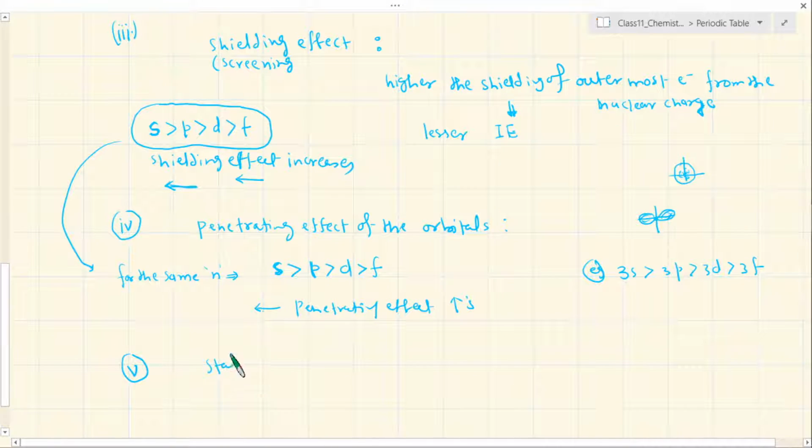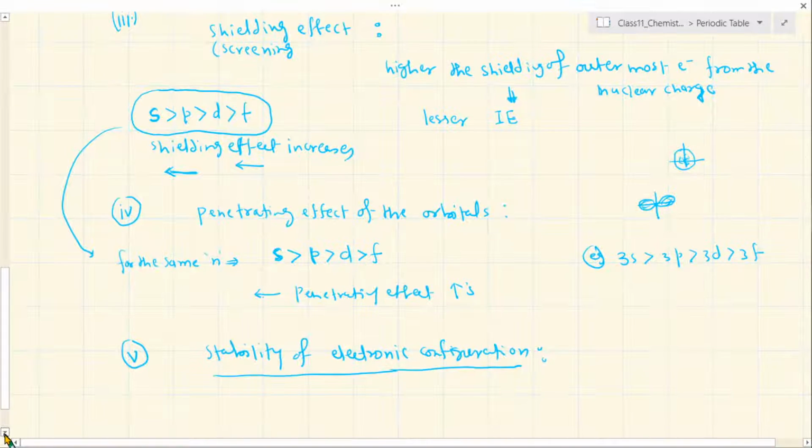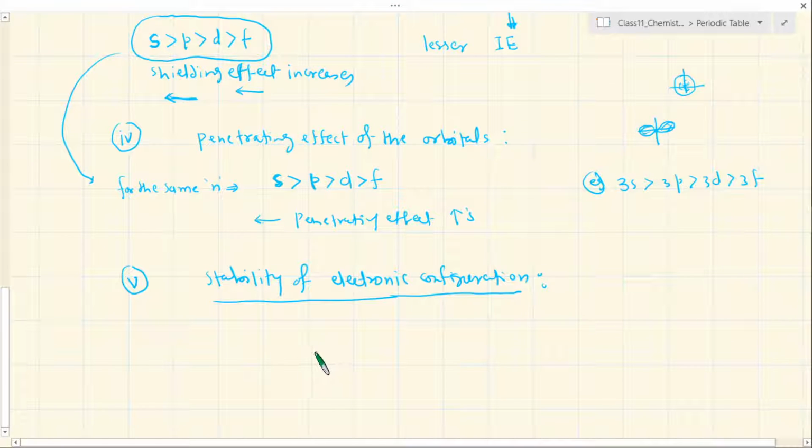Okay, stability of electronic configuration. Remember, I was saying again and again that either a completely half filled orbital, p3 or d5, these are half filled orbitals, right?